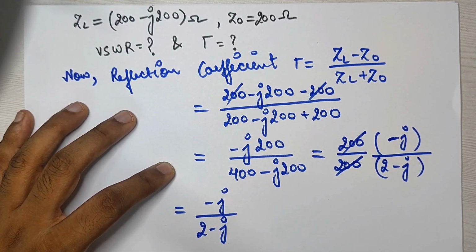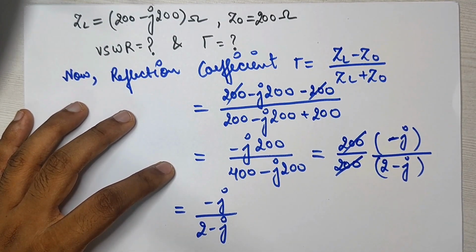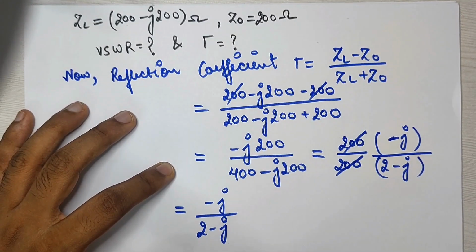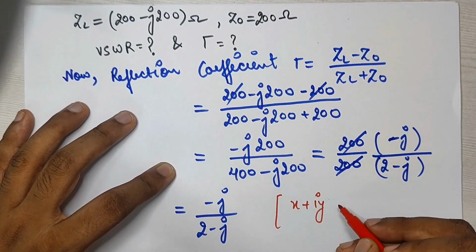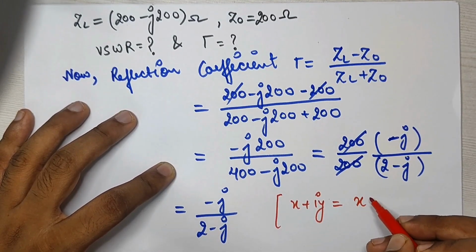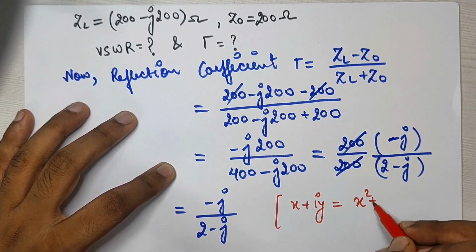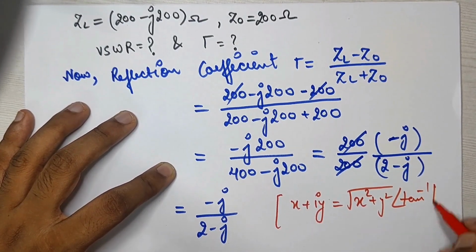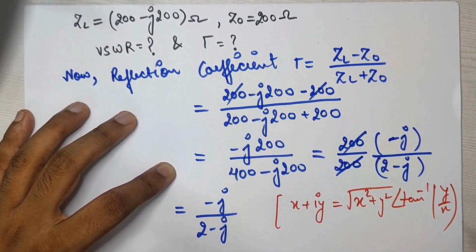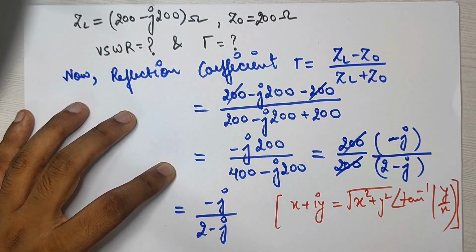Now, what we will try to do here is make sure that this equation is in the form of x plus iy, so that we can directly calculate the magnitude, the square root of x square plus y square, and the angle, tan inverse of y upon x. Right? This is our intention.